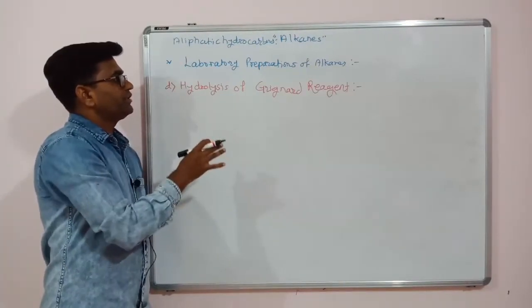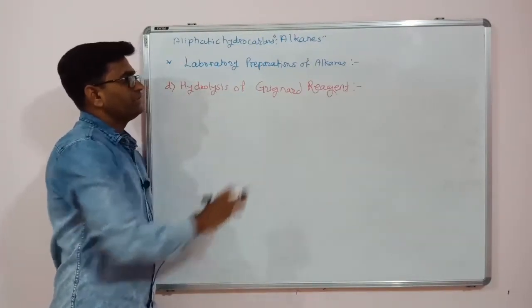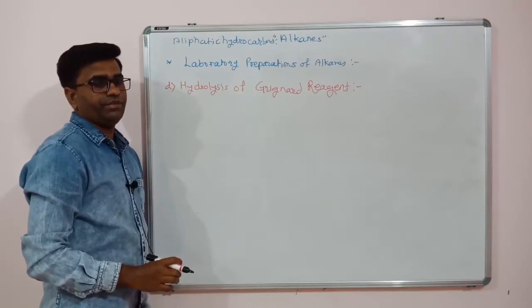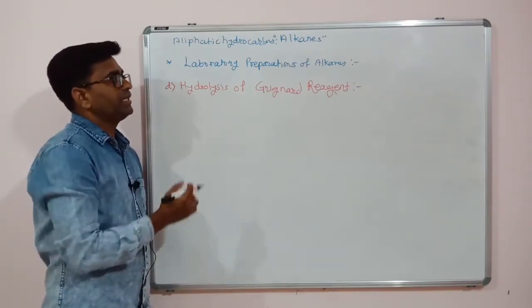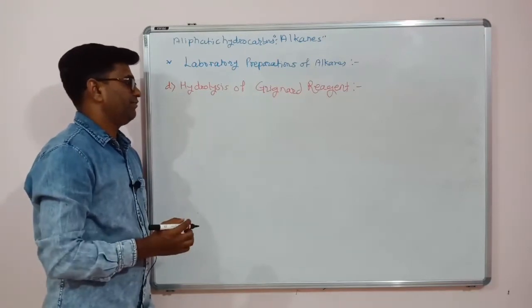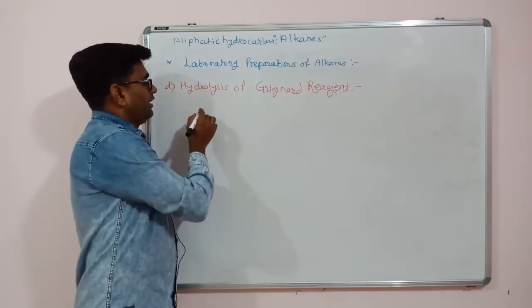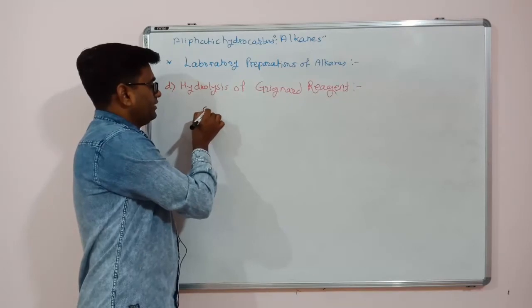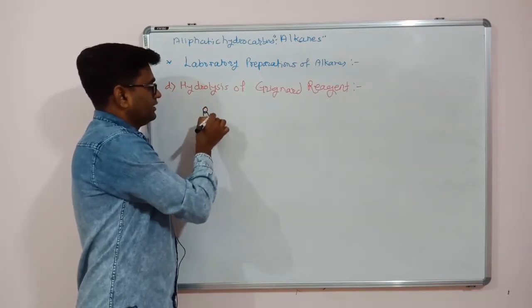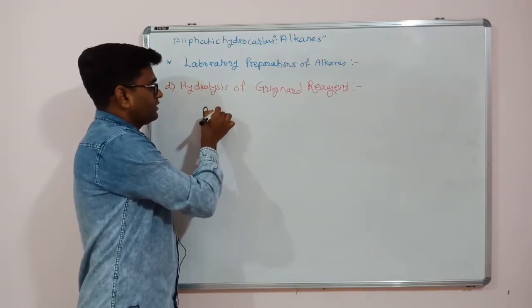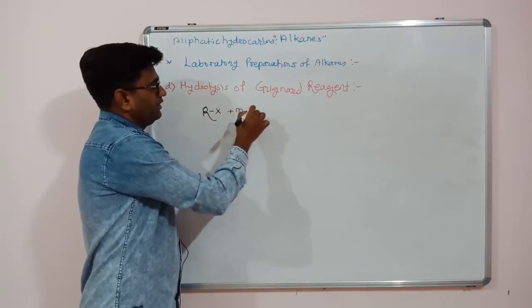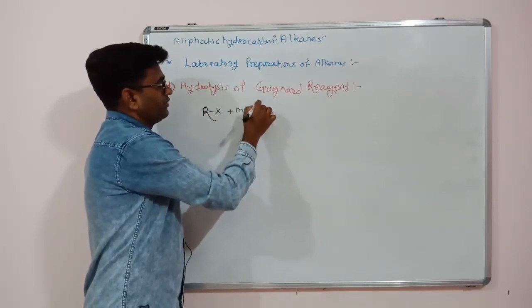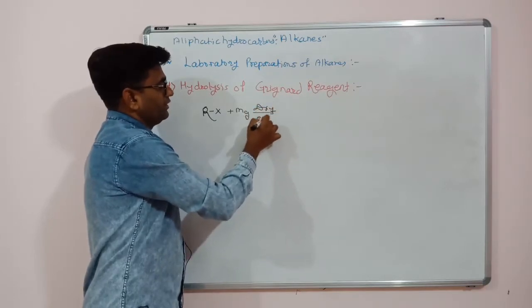Next method for the preparation of alkane is hydrolysis of Grignard reagent. Friends, as we know, that reagent was synthesized by Grignard, the name of the scientist. He reacted alkyl halides, that is RX, with magnesium metal in presence of dry ether.